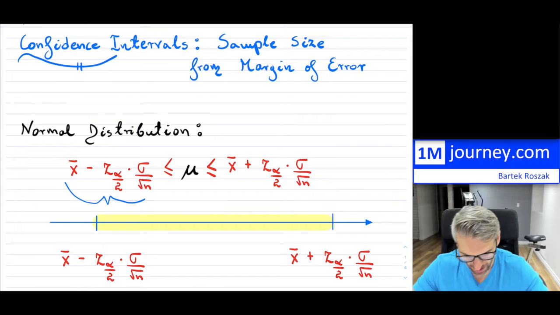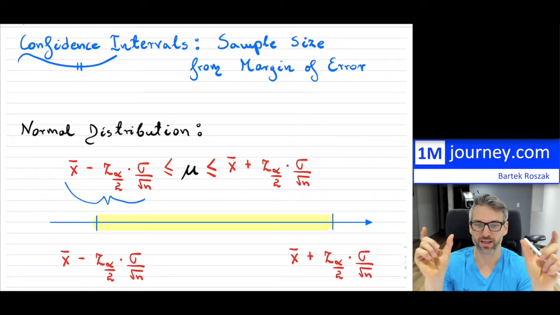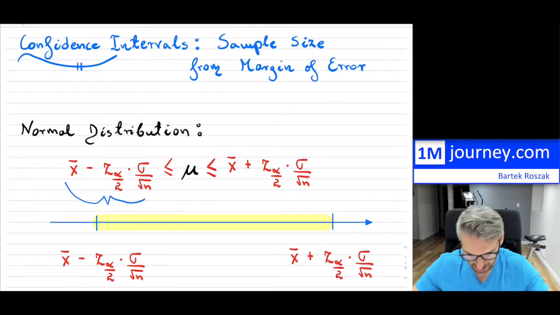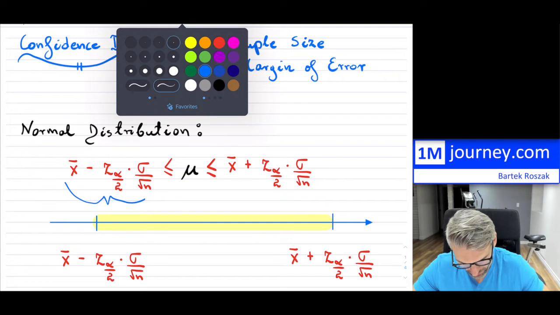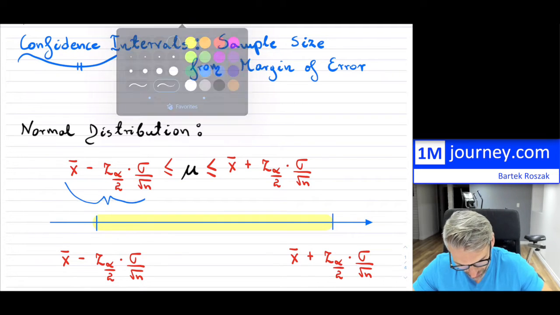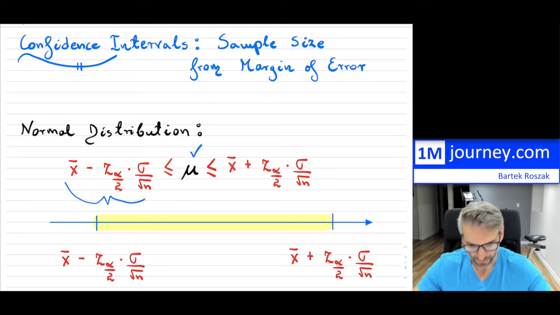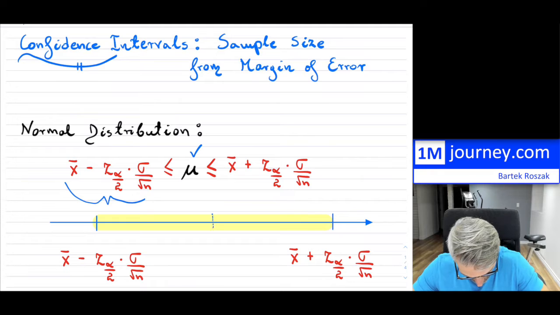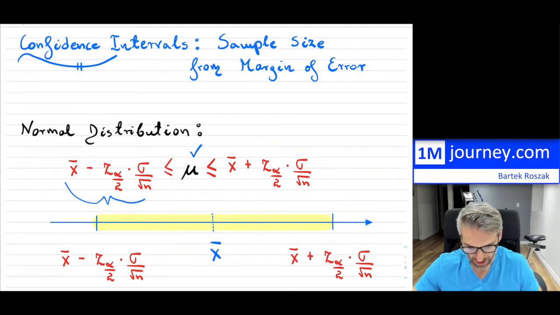All right, and it's divided into 2 things. As you can see here, the midpoint is not the mean of the population. It is actually the mean of the sample right here.